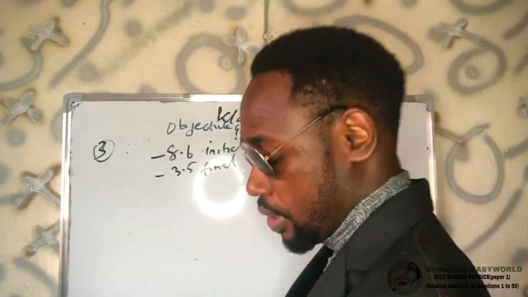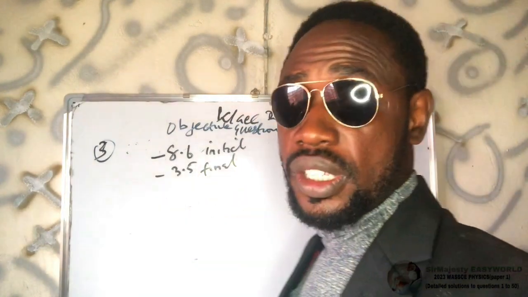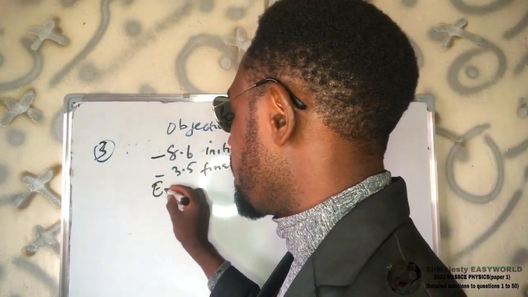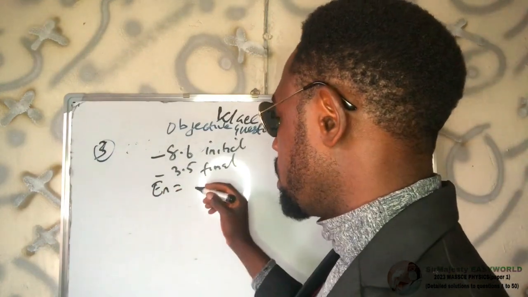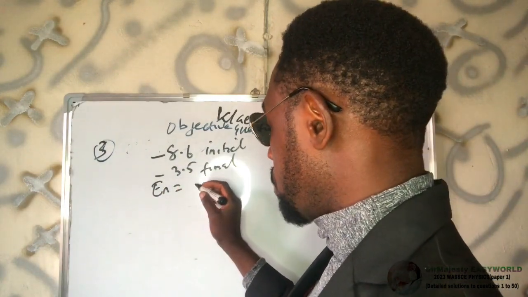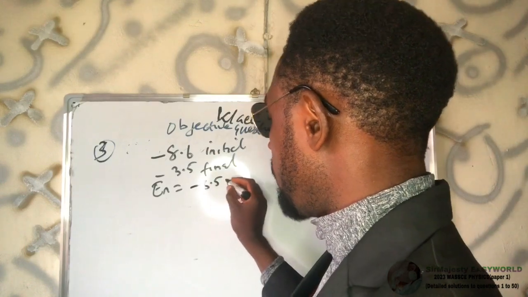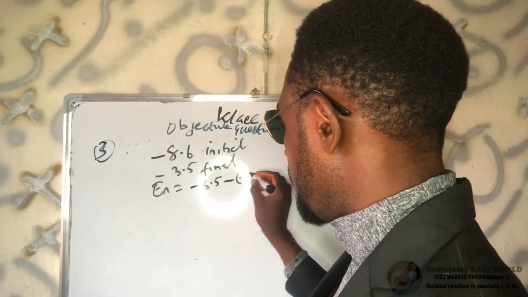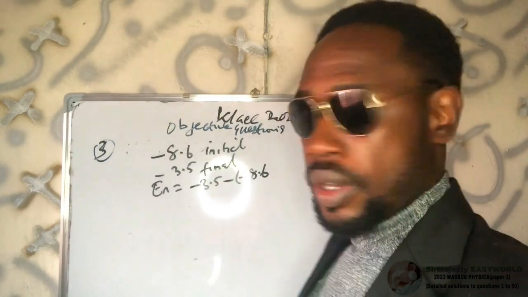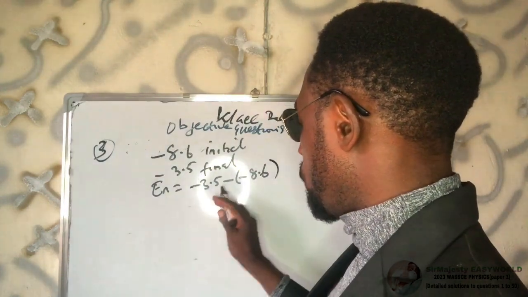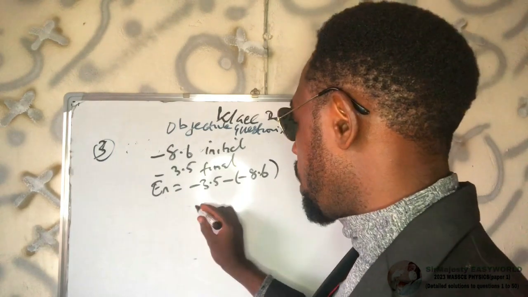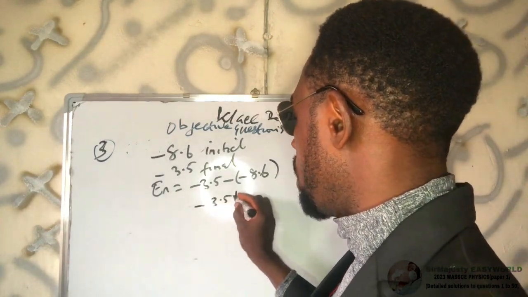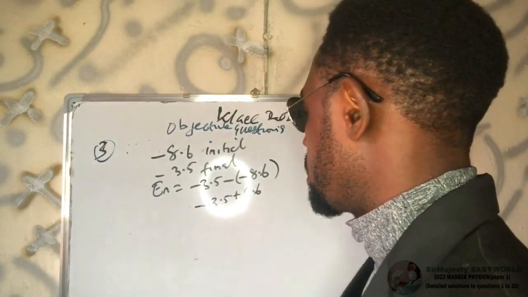So we have to subtract the initial from the final. So the energy absorbed for the movement should be minus 3.5 minus minus 8.6, because minus multiplied by minus will give you plus. So we have minus 3.5 plus 8.6.